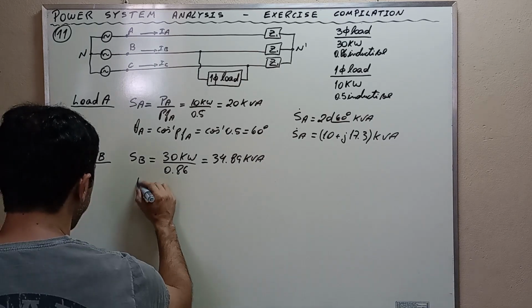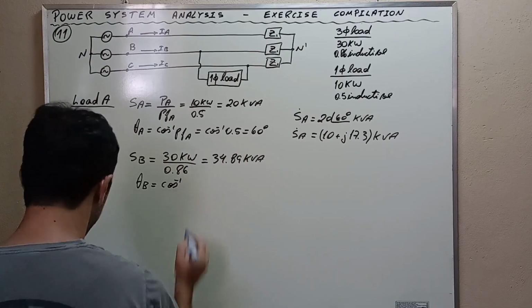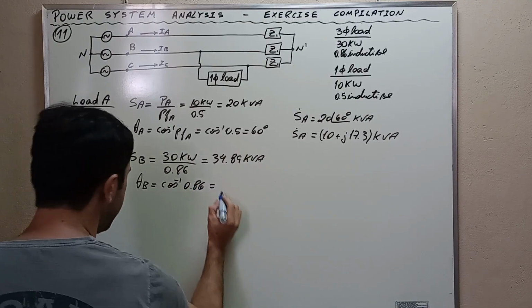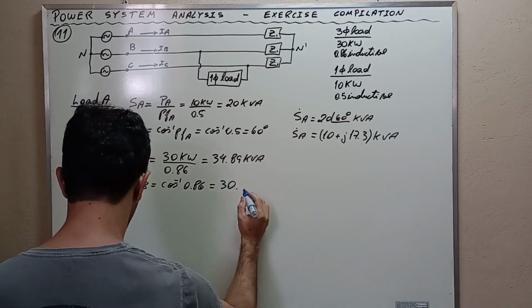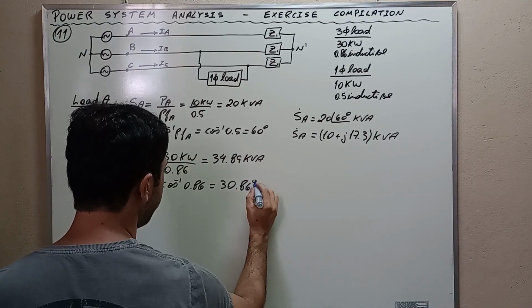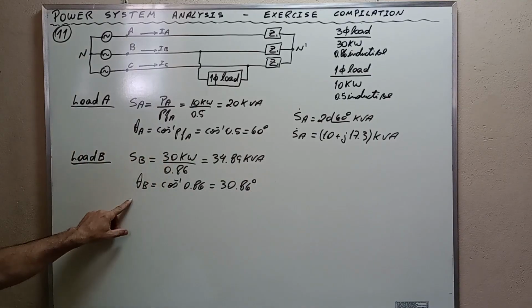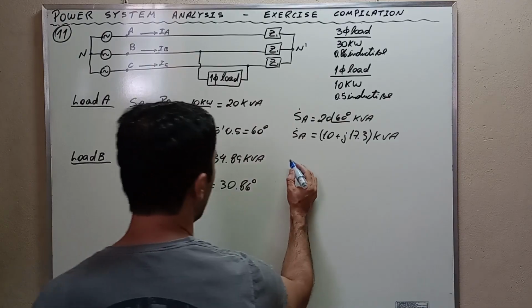The angle theta B is equal to the inverse cosine of the power factor, and this is equal to 30.86 degrees.